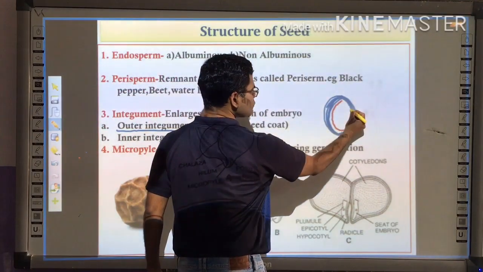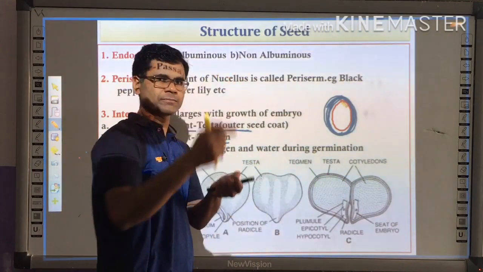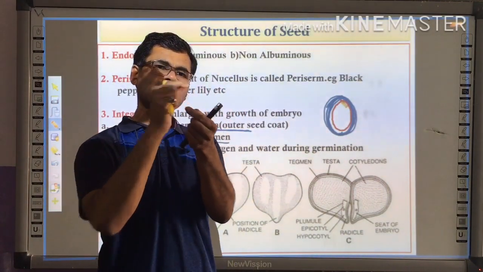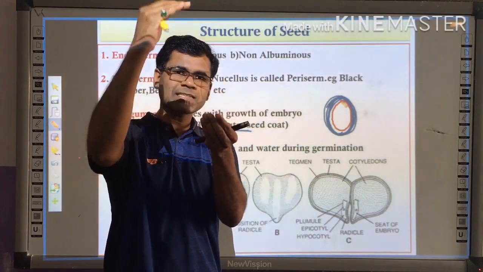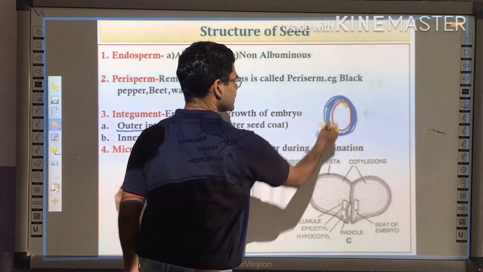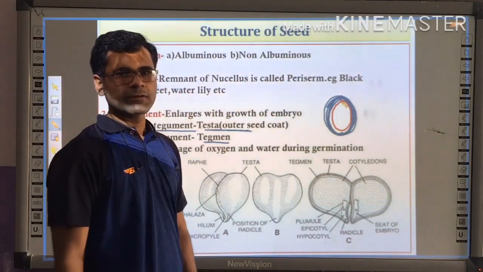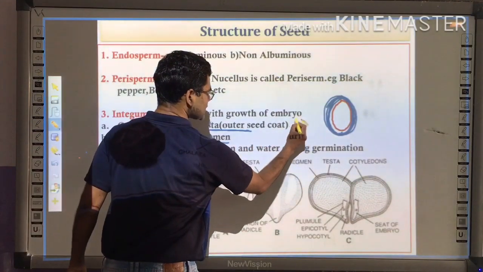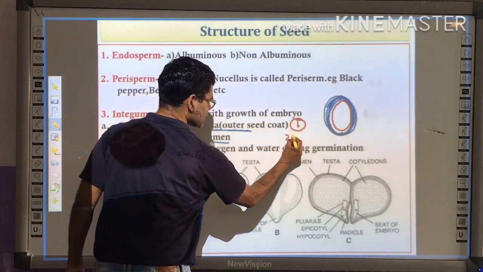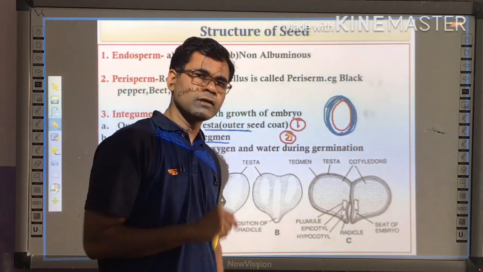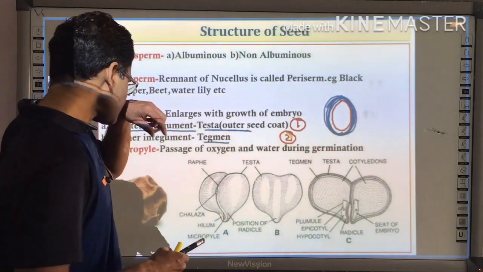In the pea seed you will find, just before the two cotyledons, a thick layer called the testa, and inside it a transparent layer. That inner transparent layer, or inner integument, converts into the tegmen. So testa is the first layer and tegmen is the second layer. This is a very important question again for 1 mark.